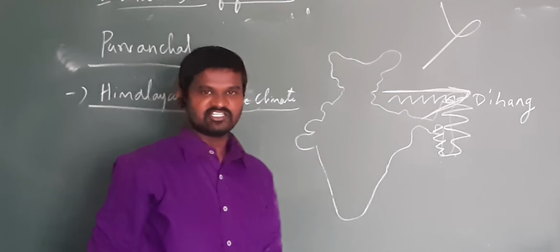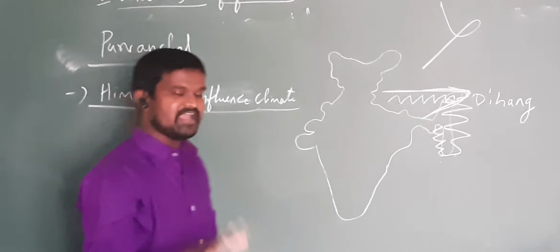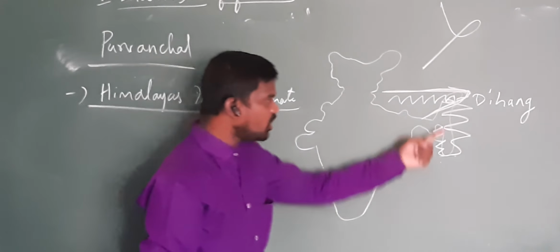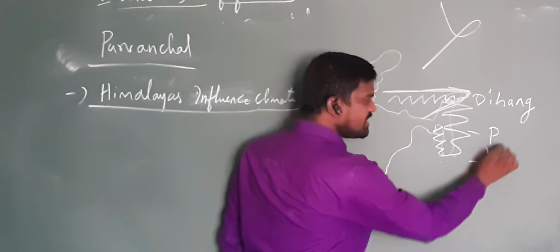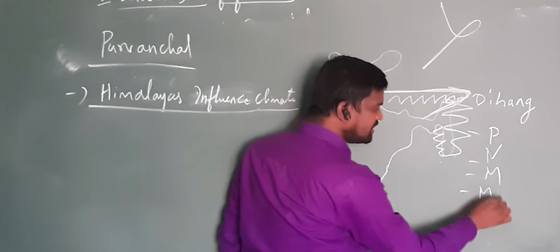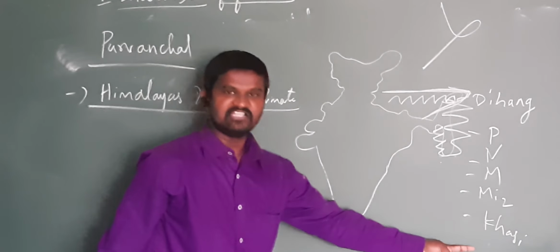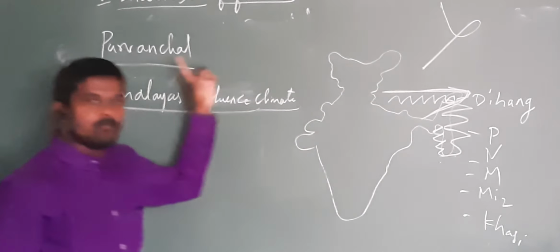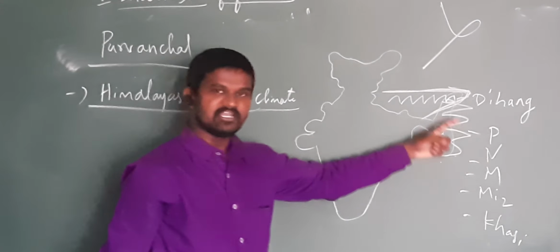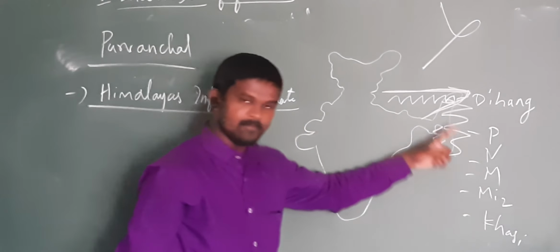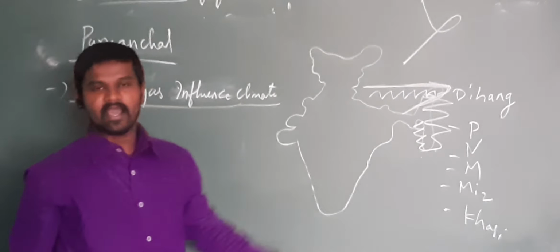In short, Purvanchal means Pur means 5. There are 5 types of ranges in the northeastern states: Patkai Hills, Naga Hills, Manipur Hills, Mizo Hills and Khasi Hills. Patkai Hills in Arunachal Pradesh, Naga Hills in Nagaland, Manipur Hills in Manipur, Mizo Hills in Mizoram, Khasi Hills in Tripura.